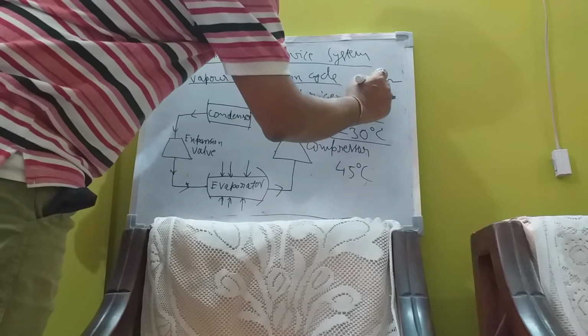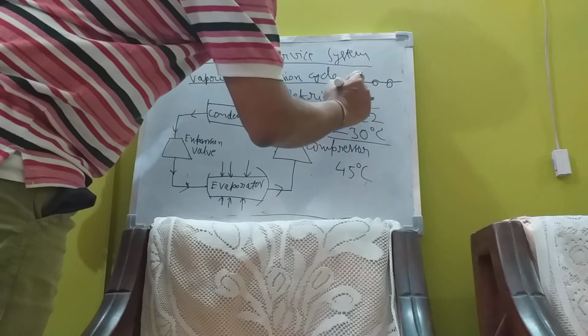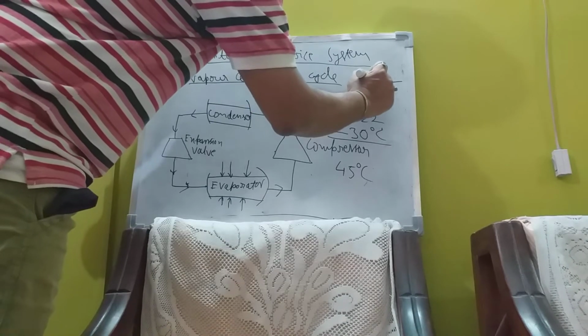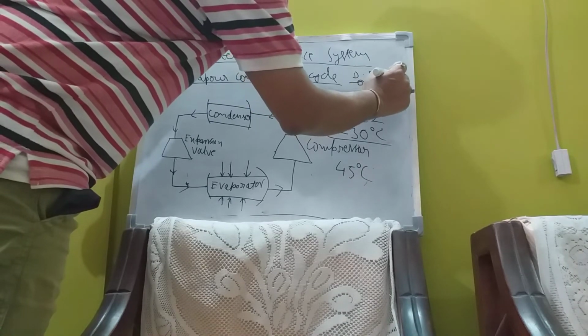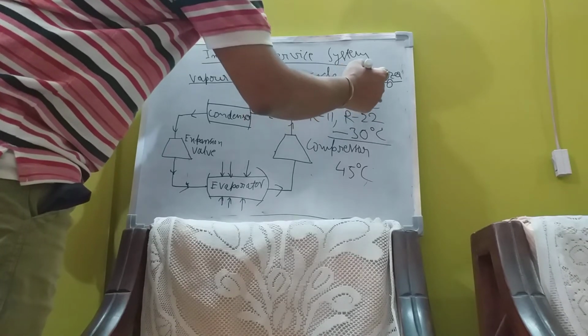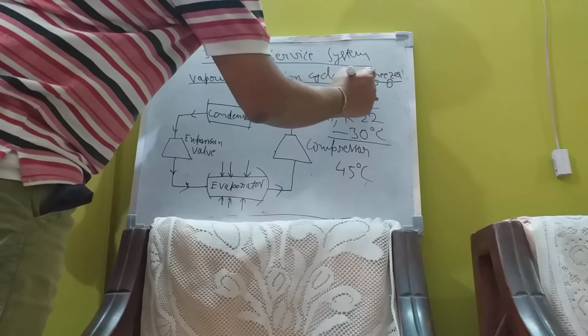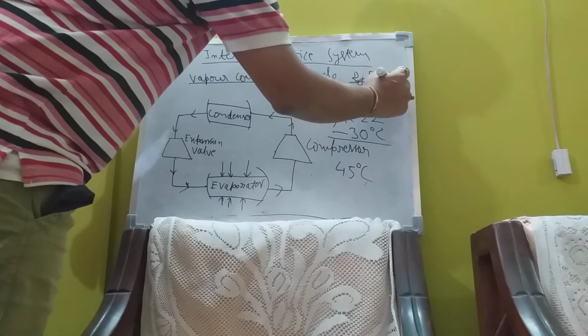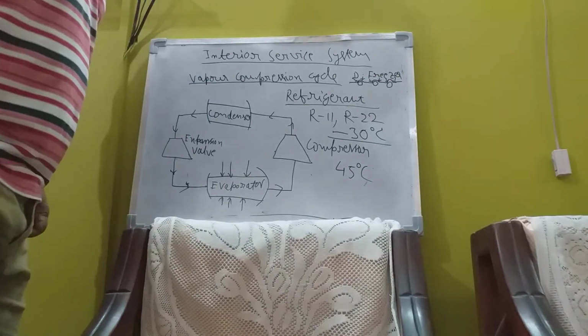Here are tubes. This is the deep freezer. What happens? Refrigerant flows through this tube. As a result, it picks heat from outside and heat comes through this. As a result, this surface becomes cold.